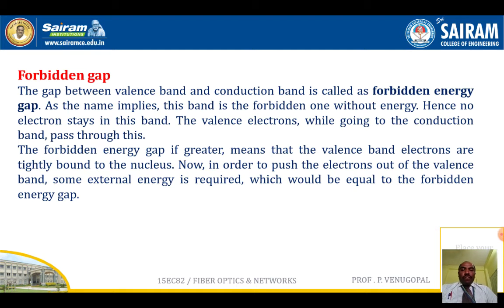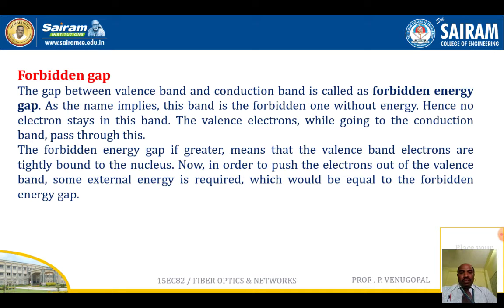The forbidden energy gap, if greater, means the valence band electrons are tightly bound to the nucleus. In order to push the electrons out of the valence band, some external energy is required, which would be equal to the forbidden energy gap.